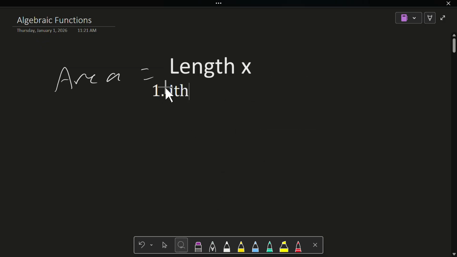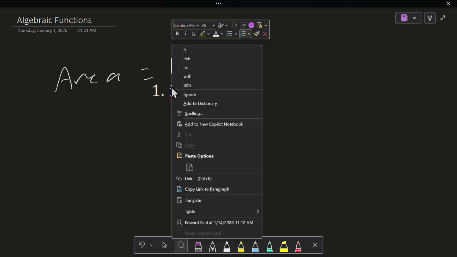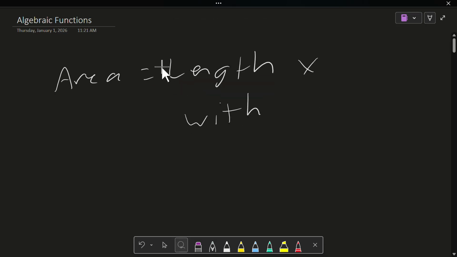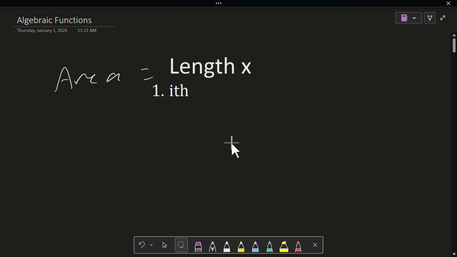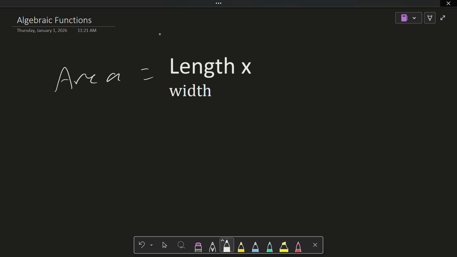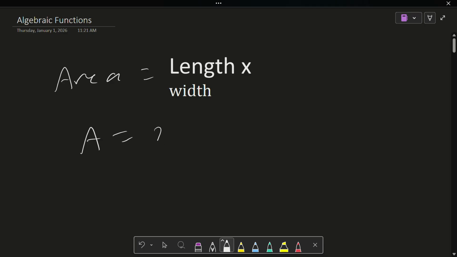Length times width. So basically, we say A equals to 2P multiplied by P. Okay, this is 2P squared.